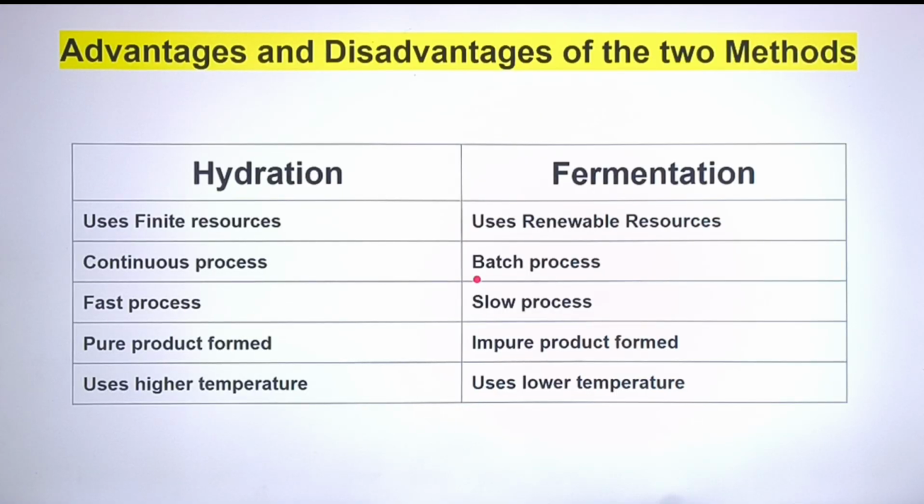One batch of alcohol is brewed, then we need to recharge and restart again. So it's a batch process and takes a long time. However, it still produces an impure product, hence it is to be further refined. Whereas hydration produces a pure product. See that you learn at least 2 of these differences.